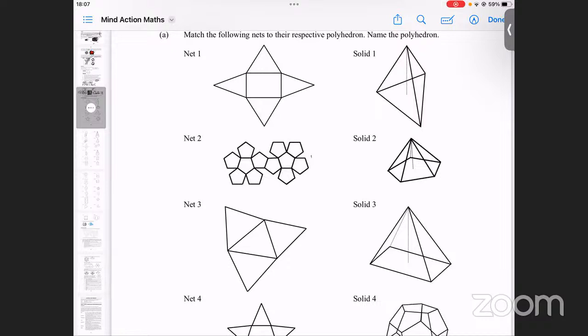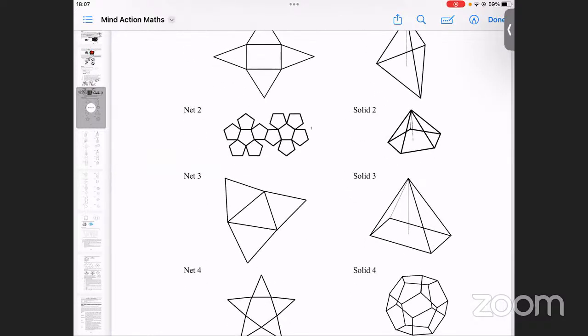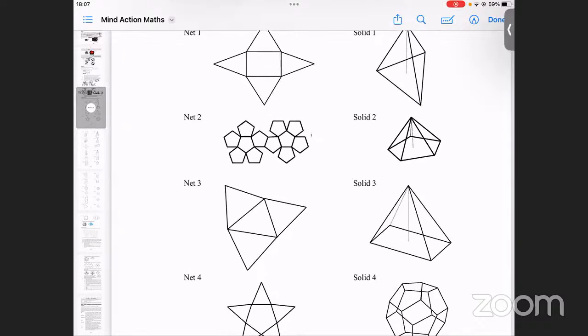Perfect. So what we're going to be doing, as I said, is matching these polyhedra, the nets, with their solids. We have the first one, which is net one. What is going to be net one's solid? Ma'am, solid 3.